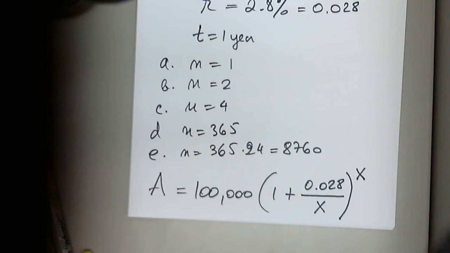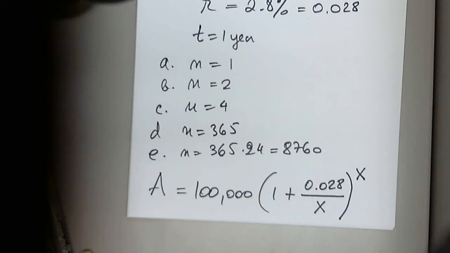Second and table. What do I want to put in? 1. Then 2. Then 4. Then 365. Then 365 times 24.